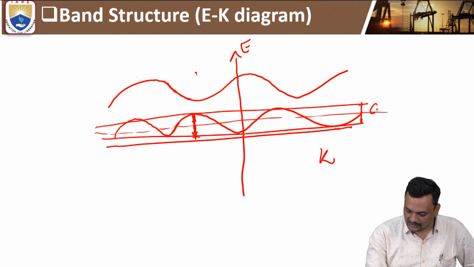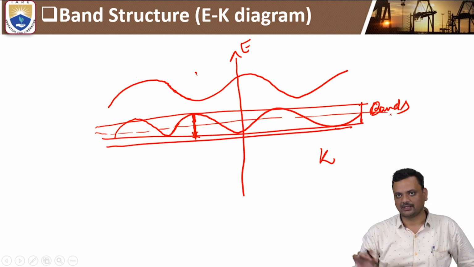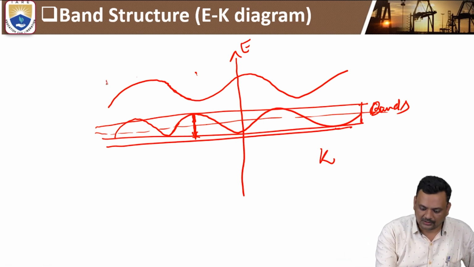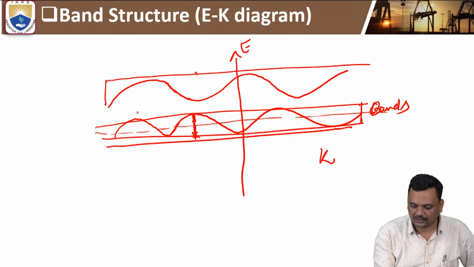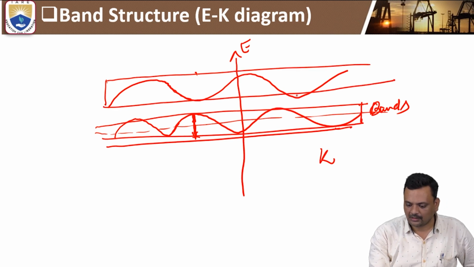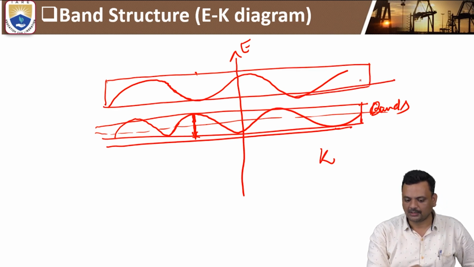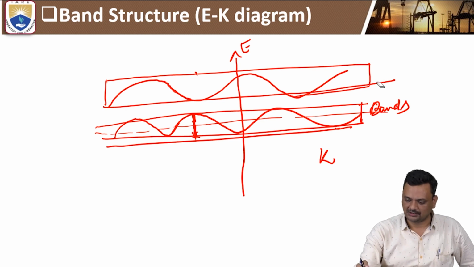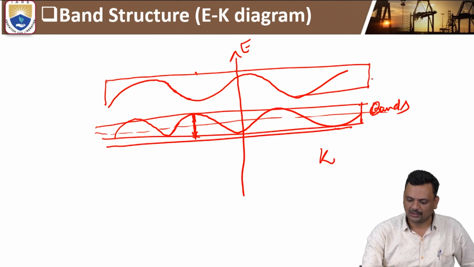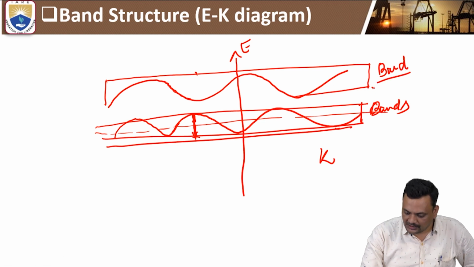These are also considered as bands. Here also the same thing, whatever the displacement of this so-called wave, this is also known as a band, and this region is known as the energy gap.